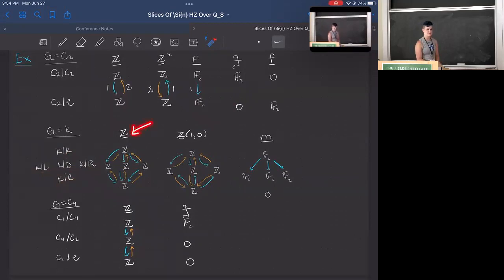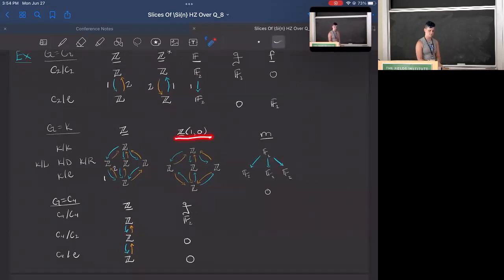Of particular importance is the constant Mackey functor Z over any finite group that you choose. So again, there's a Z in every spot. All of the Weyl group actions are trivial. All of the restrictions are 1, and all of the transfers are 2. One thing we can do is kind of combine Z dual and Z into this Mackey functor called Z10.